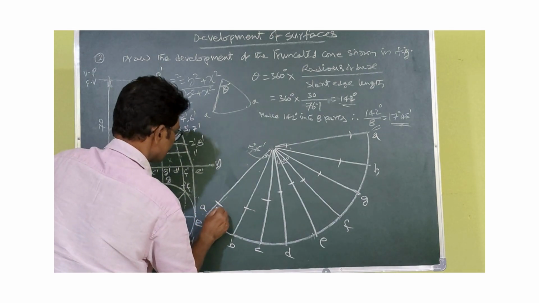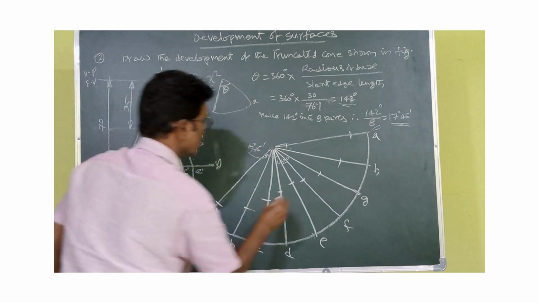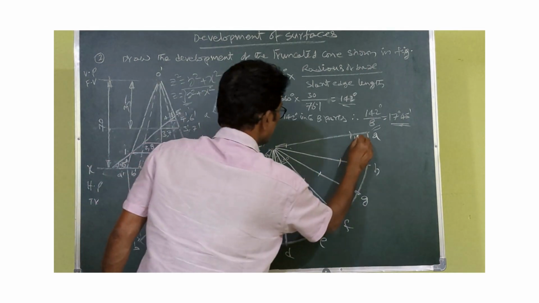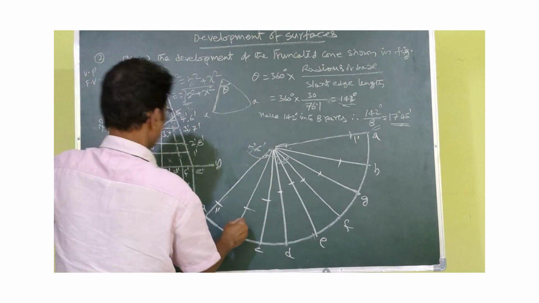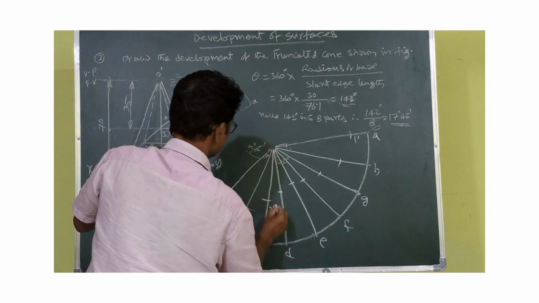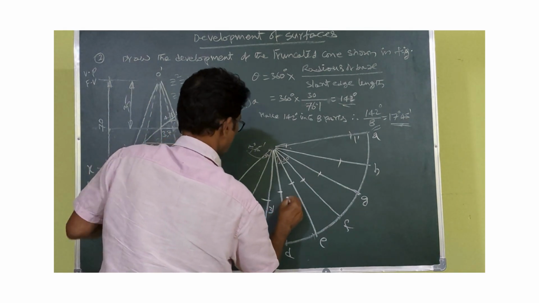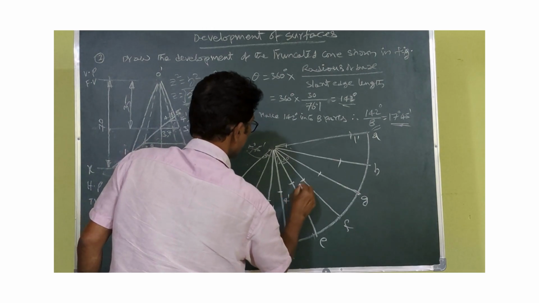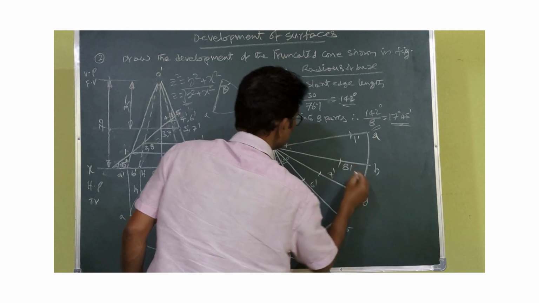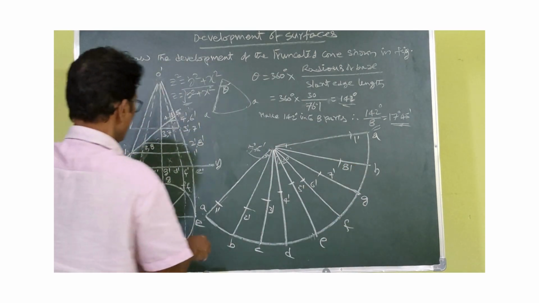You can name these points. This is O, this is 1, otherwise you can call it 1 dash and 1 dash. This is 2 dash, this is 3 dash, 4 dash, 5 dash, 6 dash, 7 dash, 8 dash. These are the names. Now you can join.